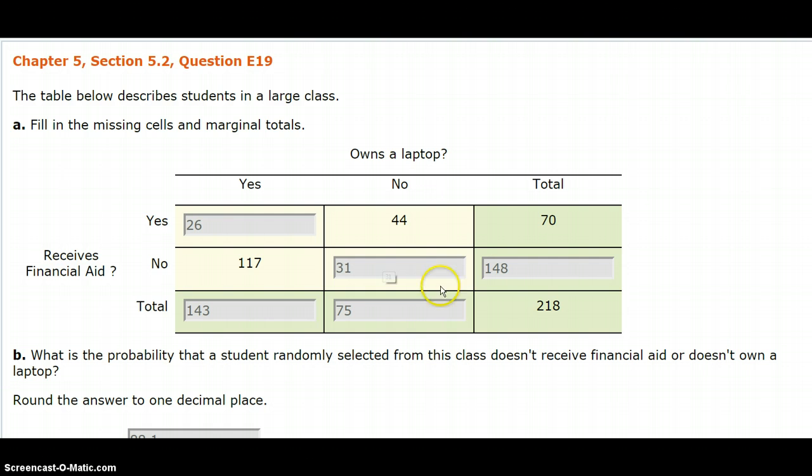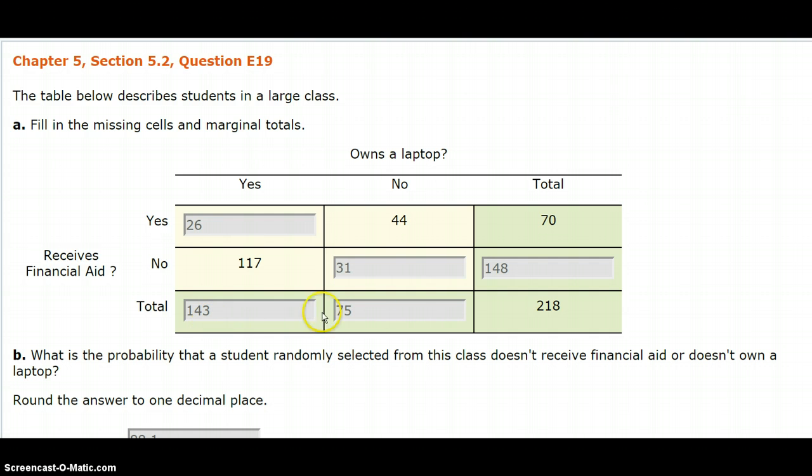Well, first of all, it's important to know how this operates. So anything in a total column, including this final number, is the total of everything in that respective row. So 70 is the total of these two, 148, which you wouldn't know to start off with, but is the total of these two, and 218 is the total of these two.